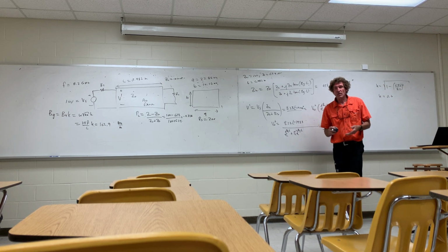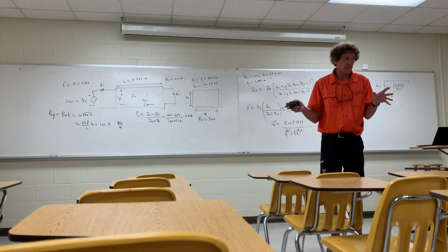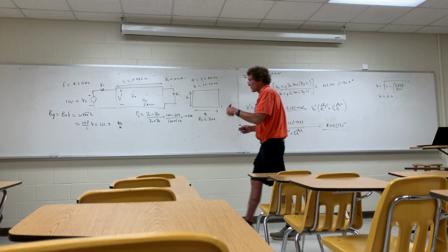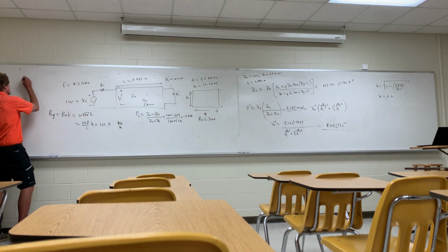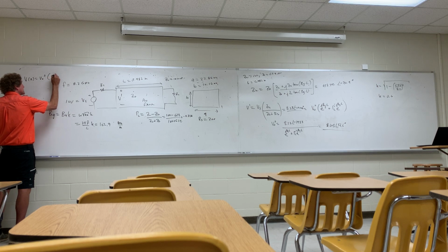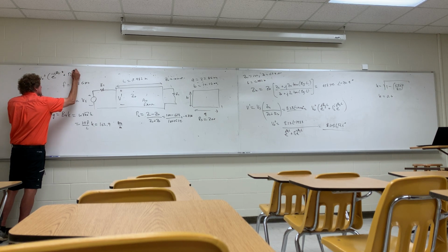The next step, they want voltage at the load, but at this point, the problem basically is done as far as the difficult calculations. Now to get voltage at the load, I'll put it over here. We know voltage in general on this transmission line is some V0 plus, which we have just calculated, times e to the minus j beta in the guide times z, plus reflection coefficient times e to the plus j beta in the guide times z.